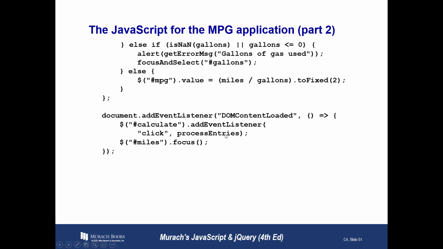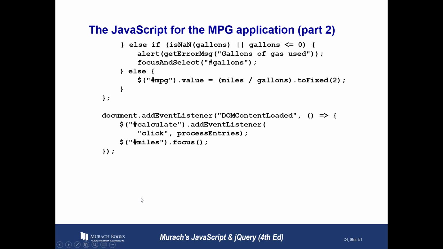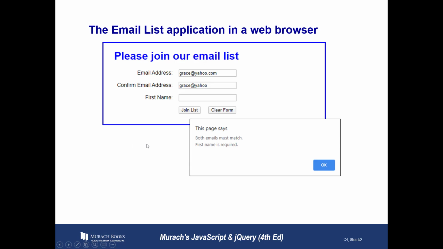And notice this says that once the DOM has been loaded, we want to add the event listener. So when we click the button that's got an ID of calculate, we want to call process entries. There's process entries. All right, and we want to make sure that when the program begins running, we set the focus to whatever has the ID of miles.